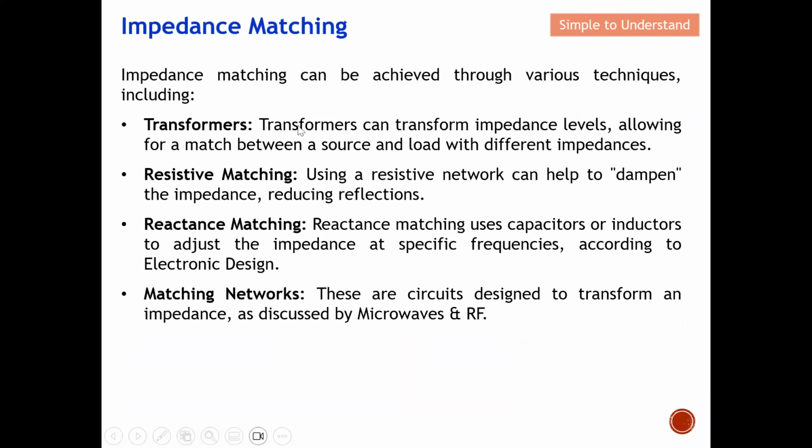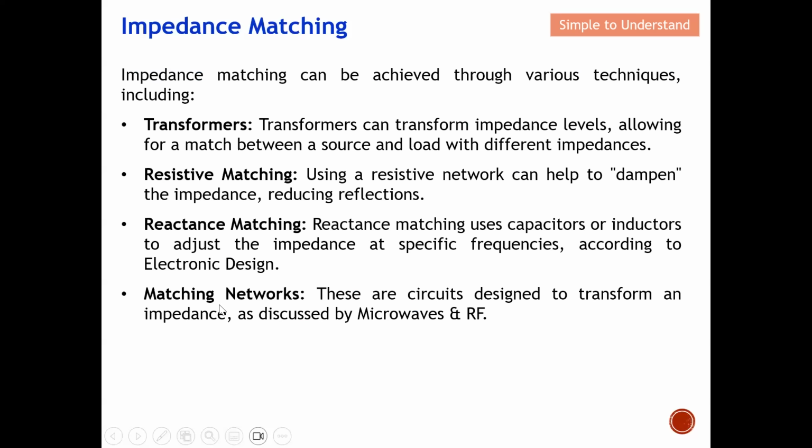The transformer can transform the impedance level, allowing a match between a source and load with different impedances. As for resistive matching, we use a resistor network to damp the impedance and hence reduce the reflection. Next, reactance matching uses a capacitor or inductor to adjust the impedance at a specific frequency according to the electronic design.